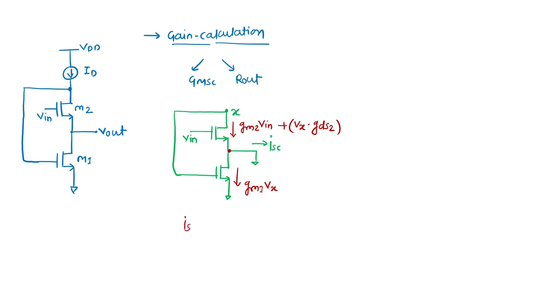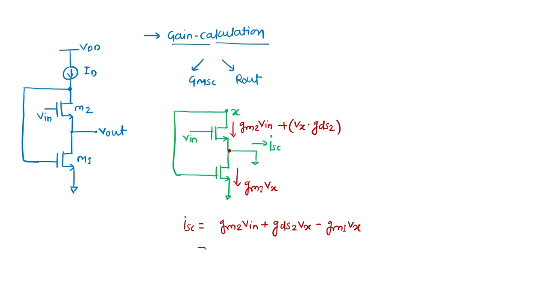So ISC is GM2 Vin plus GDS2 Vx minus GM1 Vx.